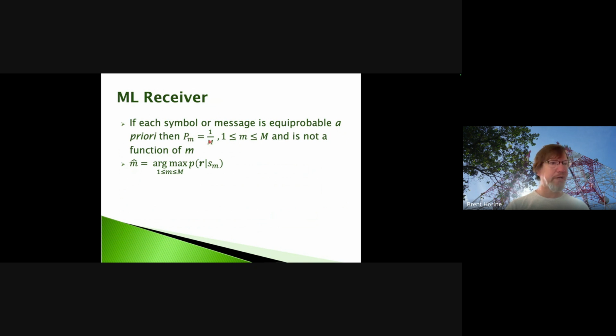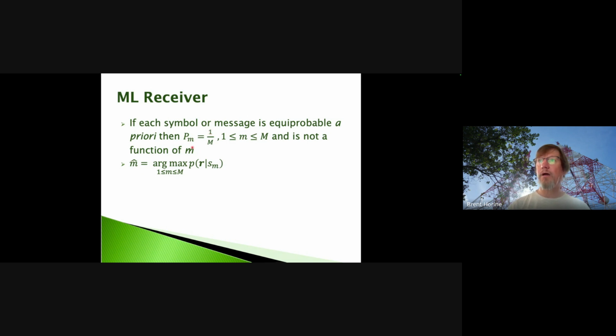These are discrete random variables, right? So m is an integer from 1 to M, but if that's a uniform distribution where they're equal probable, then our probability of any of them is all going to be 1 over capital M. Again, in this case of K equal to 3 bits mapping into a particular symbol, that requires 8 symbols. 2 to the 3 is 8. So capital M is 8.